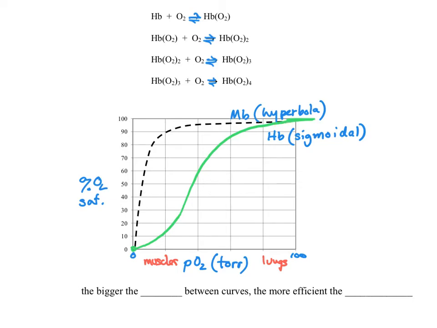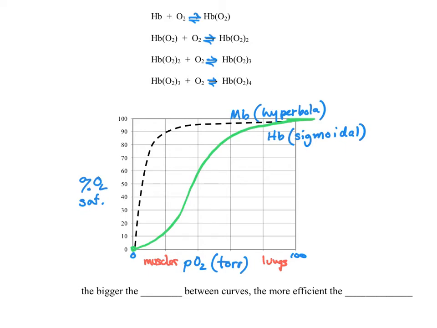I hope that makes sense, because let's think of this again as a transporter, like a taxi. If you're going to have good efficiency, you want every taxi to have as many passengers as possible. So if hemoglobin is a taxi, we want it to pick up 4, fully saturate itself, 4 oxygens, and then leave on its trip out into the tissues.